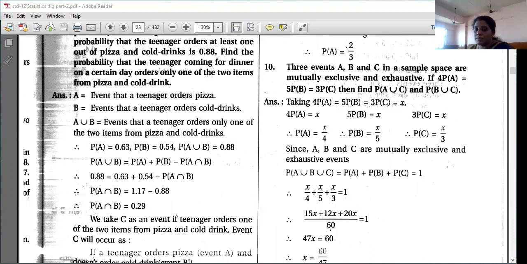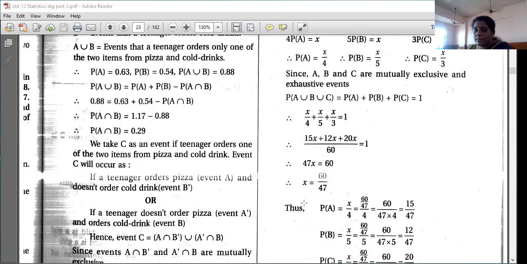So the denominator comes to 60. So here comes 15x plus 12x plus 20x upon 60 equal to 1. So cross multiplication, this 60 will go over here near to 1. So 15 plus 12 is 27. 27 plus 20 is 47x equals 60. So that comes to x is equal to 60 upon 47.